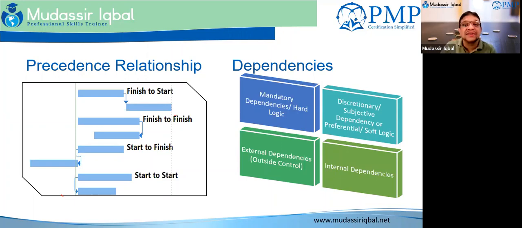But what is a subjective dependency? The example that Kashif has given is a subjective dependency. Why? You can definitely do carpeting before the paint, but what would happen? Yes, Kashif, what would happen if you do carpeting before the paint?